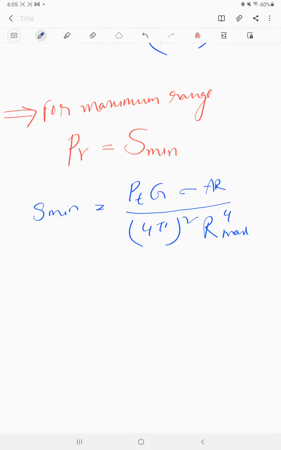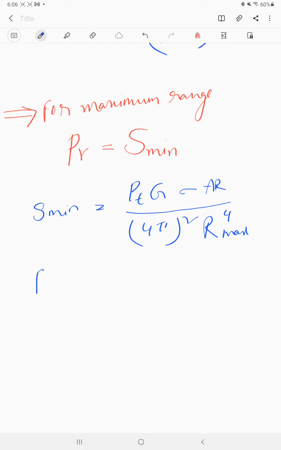Okay, R power 4. Here we are taking R as the maximum range, for the minimum received signal. For maximum range, the received signal is minimum. For minimum range, the received signal is maximum. From that we can have the maximum range equation.